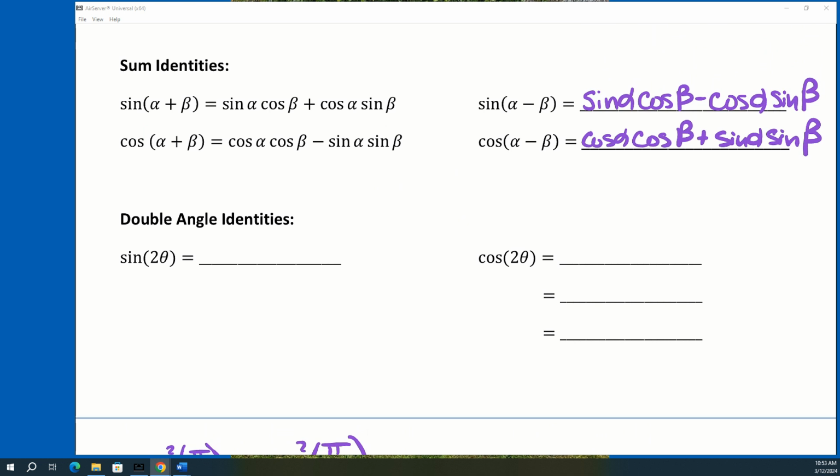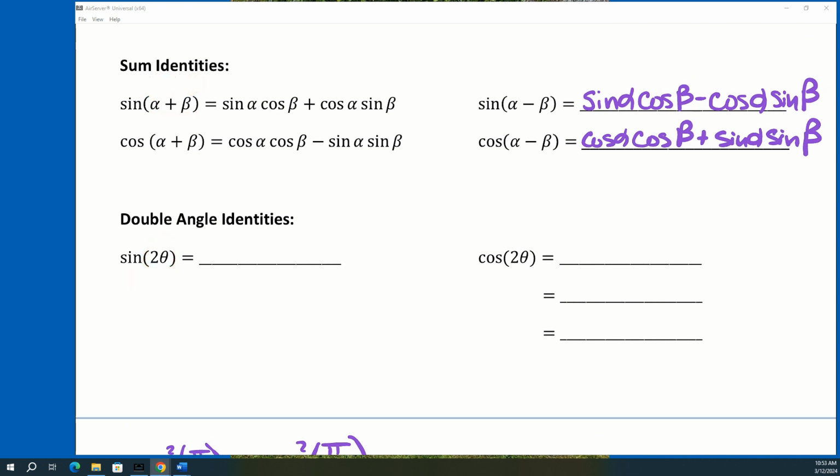And so what we're going to do to derive this one is take this one. And so I want to be able to add two angles and get 2 theta. What would I add to get 2 theta? It's not a trick question. What plus what gives you 2 theta? Theta plus theta, right?